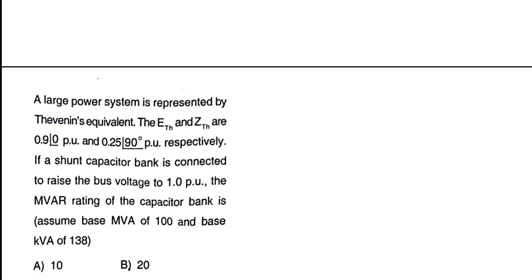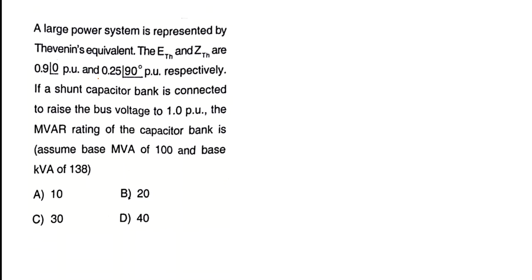and the next question of this video: a larger power system is represented by Thevenin's equivalent. The ETH and ZTH are 0.9 per unit and 0.25 at angle 90 per unit respectively. If a shunt capacitor bank is connected to raise the bus voltage to 1.0 per unit, the MVAR rating of the capacitor bank is.